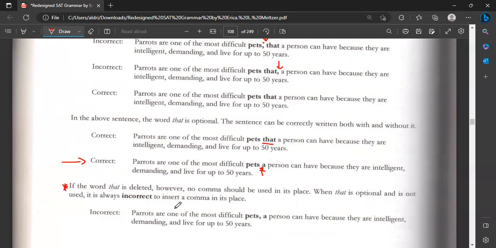That makes what looks like a comma splice, because parrots are one of the most difficult pets a person can have could actually be a sentence on its own. It's like you're beginning a new sentence with information from a different clause. It's just improper use of grammar, and a comma is not necessary there.